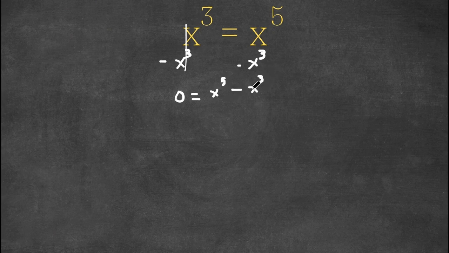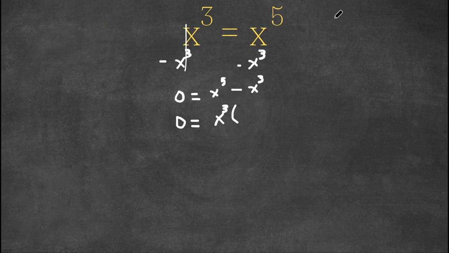So now we're going to factor out x to the power of 3 from this, because that is the greatest common factor of these two terms. So we have 0 equals x to the power of 3 times, well, what's x to the power of 5 divided by x to the power of 3?